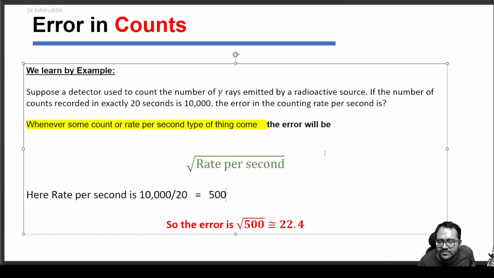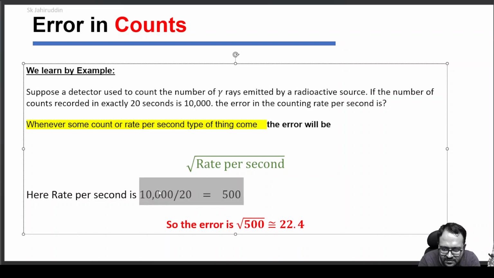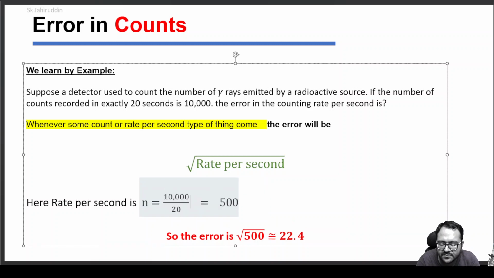Here n, that is your counting rate, is 500.